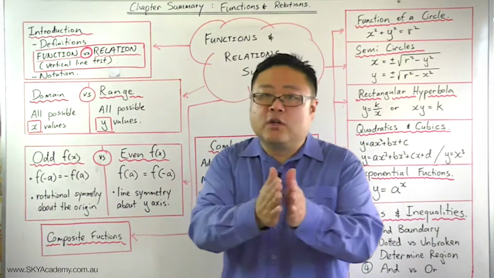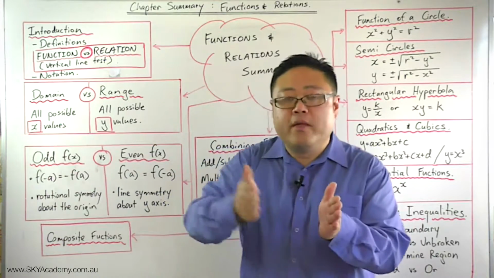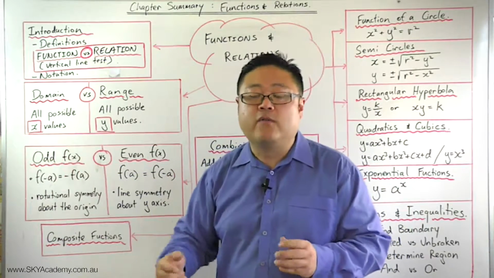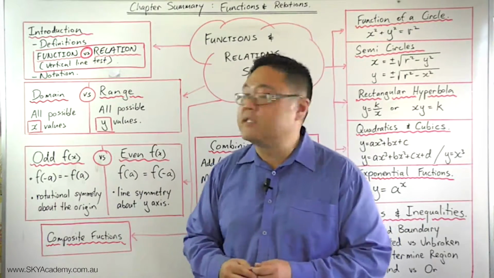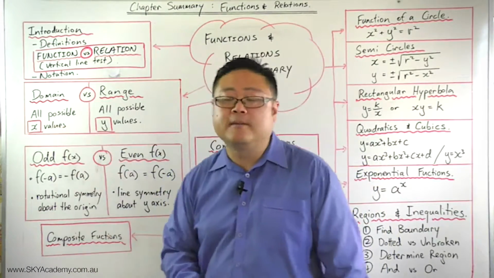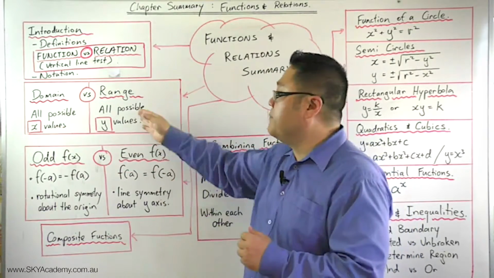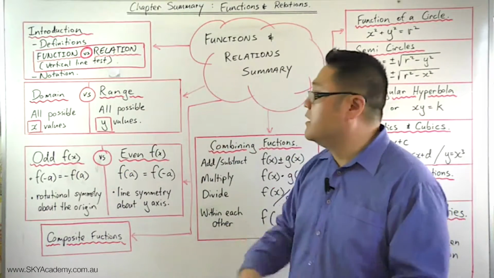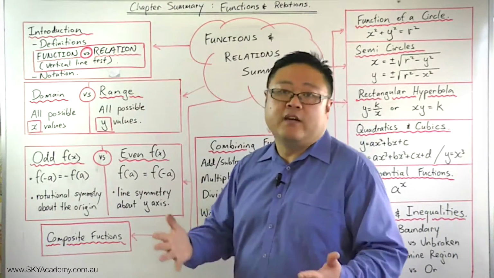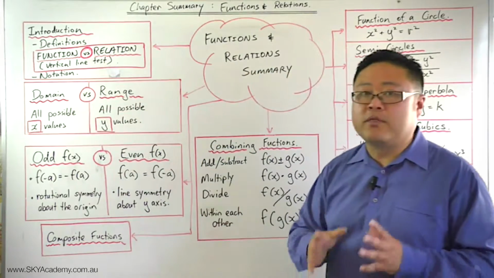The horizontal bandwidth is called the domain, in other words, all the possible x values or first element values that a function can take on. The range is the set of all possible y values or second elements in a function. So we worked out what the domain is and what the range is.